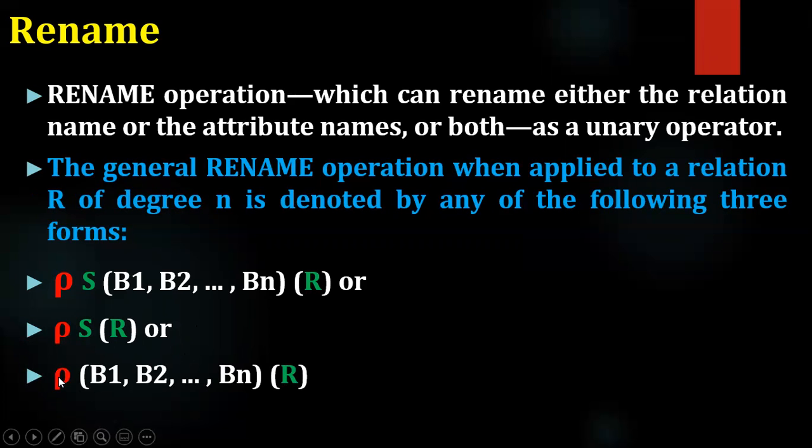So rho B1 to Bn of R means relation name R, that is the table name R, we have not given any new name, it remains same, but only attributes have been given the new names B1 to Bn. So it shows that rename operation can be used to rename only the attributes, or only the relation, or we can rename both relation and attributes.